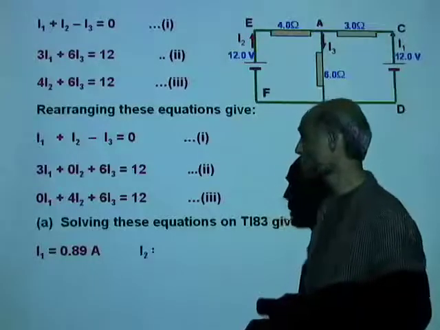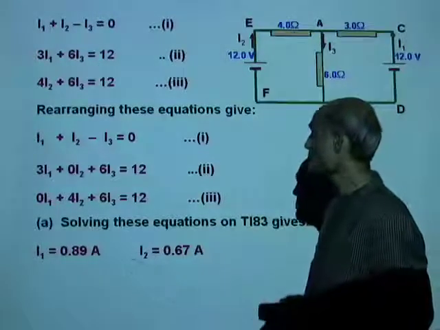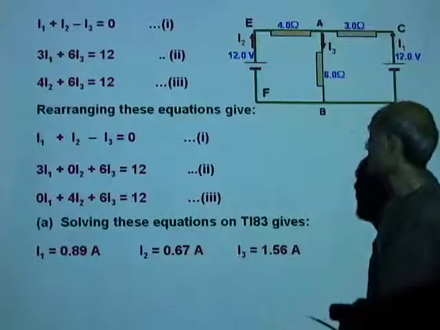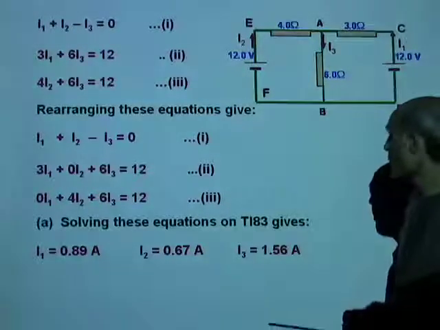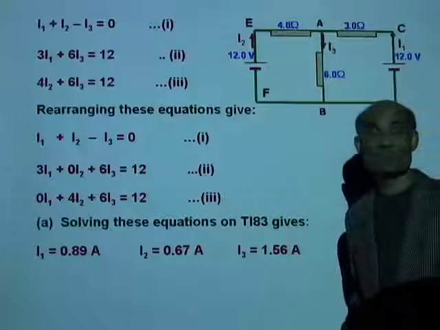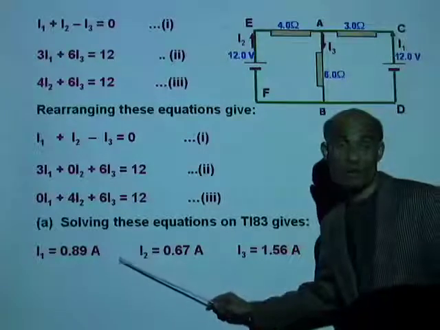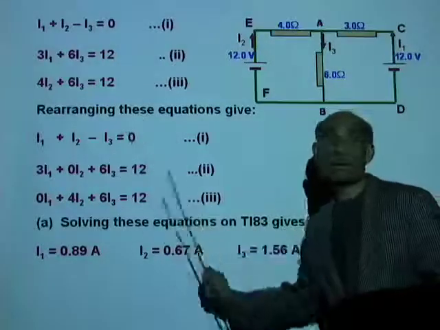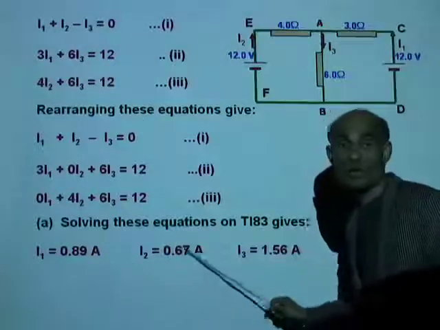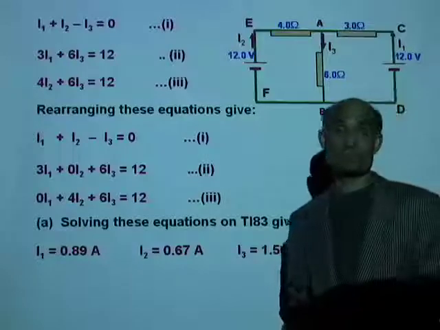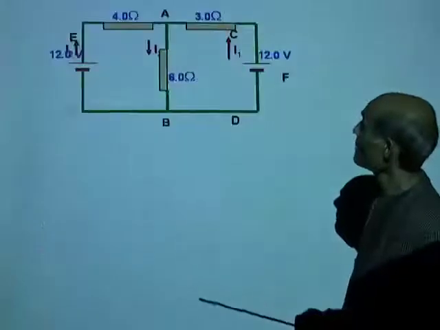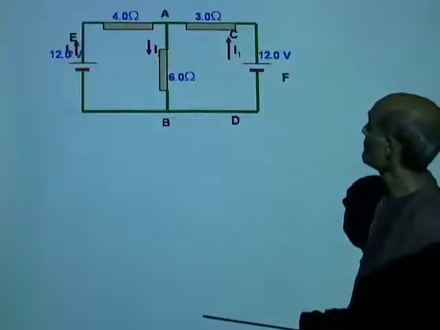I1 equal to 0.89, I2 equal to 0.67, and I3 equal to 1.56 ampere. Alright, try this, do this on your own, don't leave it. You must do the matrix now and solve and make sure you get these values. Okay, let's look at another one.